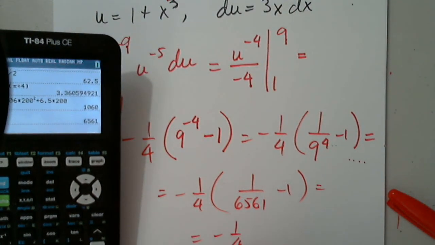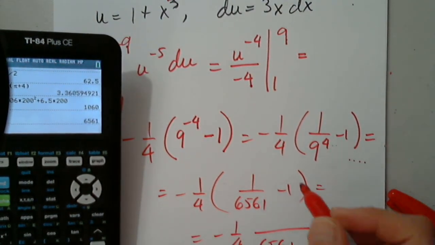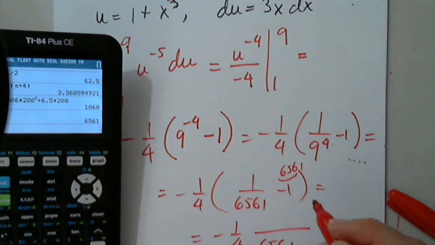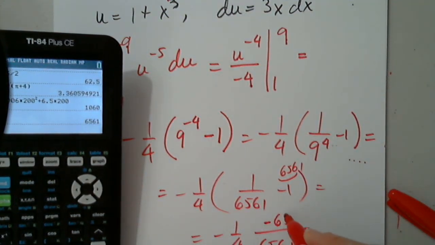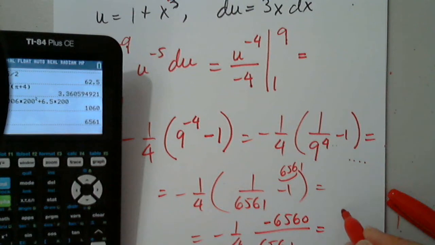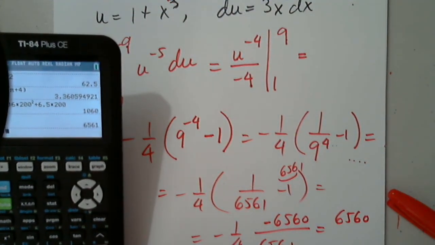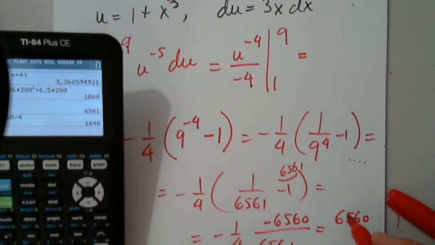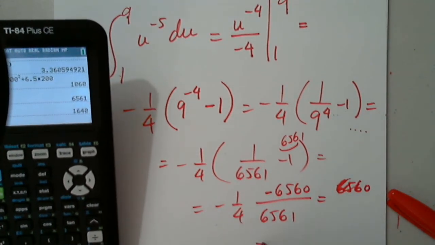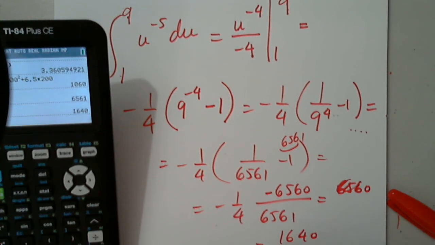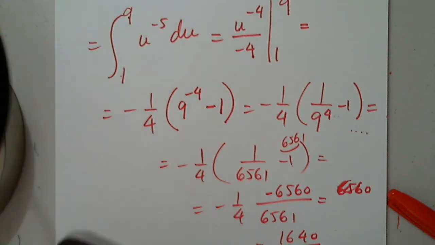Okay, negative 1 over 4, 6561, and this is 6561. So negative 6560. Can I simplify 6560? Can I divide by 4? Awesome. I will erase that. So 1640 over 6561.